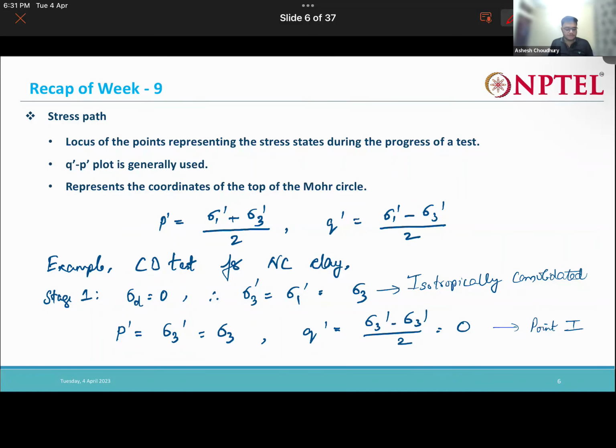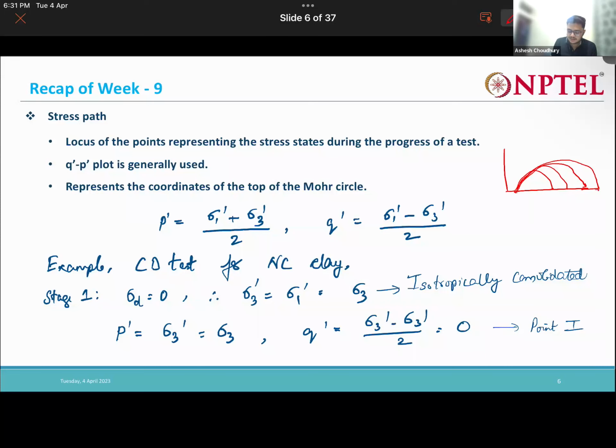For the stress path, we generally use the q' versus p' plot. This q' and p' represent the top coordinates of the Mohr circle. So you're doing your test, gradually increasing sigma d, so sigma 1 is increasing, and at a certain point it fails.